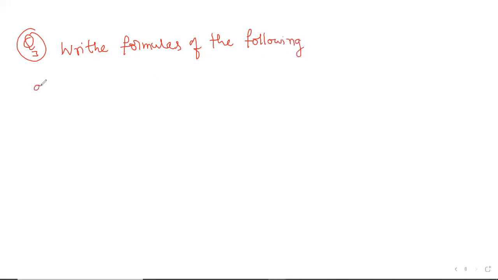Of the following, in this, we'll see the first one: tetrahydroxozincate. Tetrahydroxozincate. Tetrahydroxozincate. Inside the bracket they are giving the oxidation number.